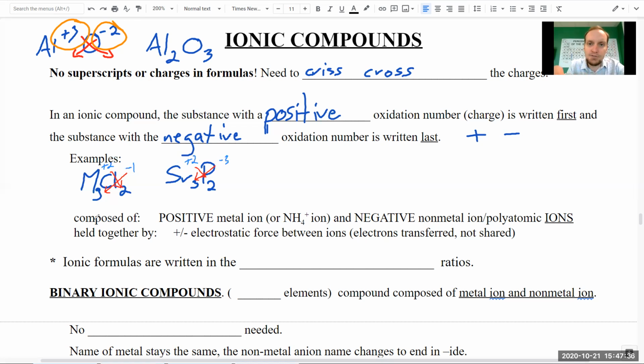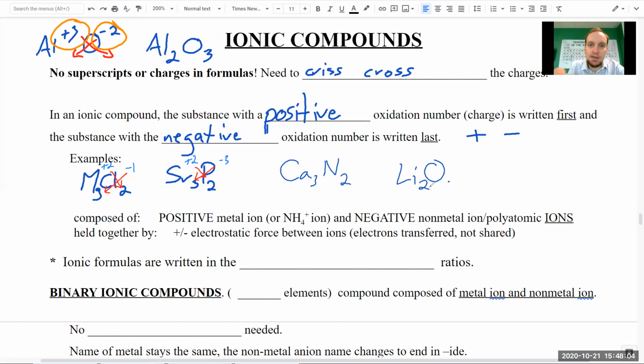A couple more examples. Say we have calcium nitride, which is going to be something very similar to what I just showed you, or lithium oxide. Okay, so the way this is going to work, this is going to be a 3, this is going to be a 2, and that's going to be a 2. Okay, how do I know that?